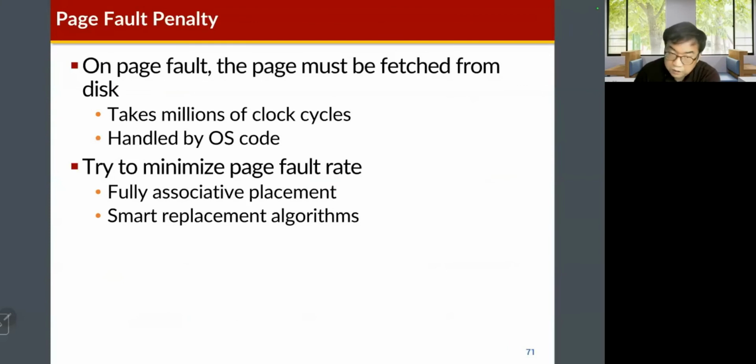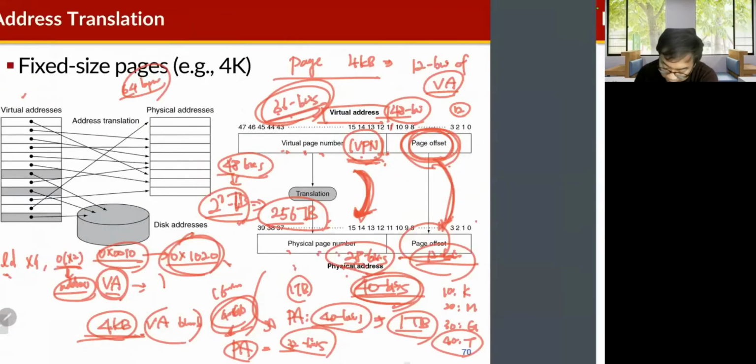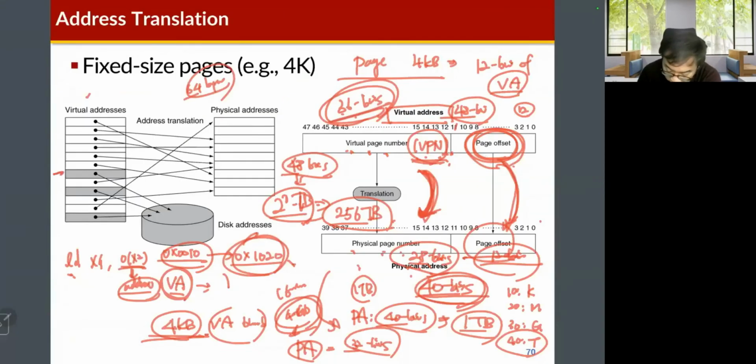Then I also explained about the page table. When the virtual address is translated into a physical address, the target data's location might be in the storage. Then it means that with this virtual address, we need to access this data in the storage.